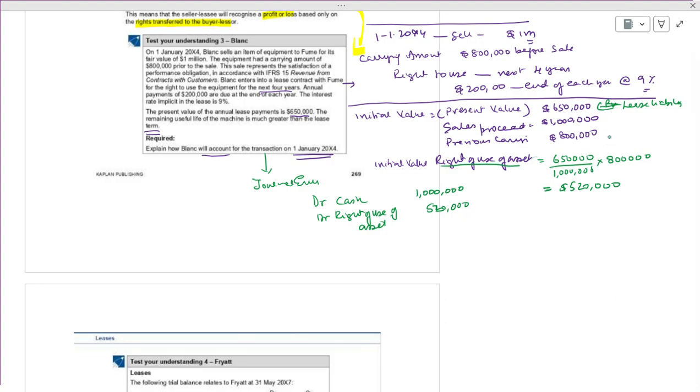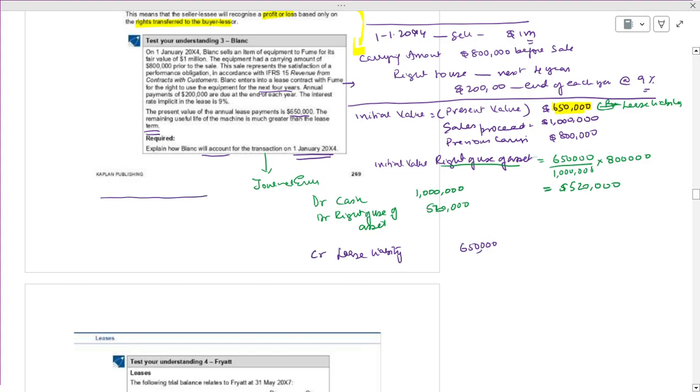Is the lease liability credit or debit? Liability is credit. See, very simple.